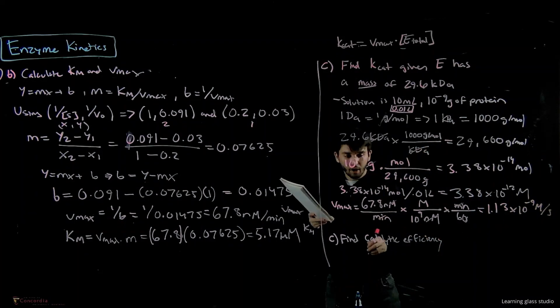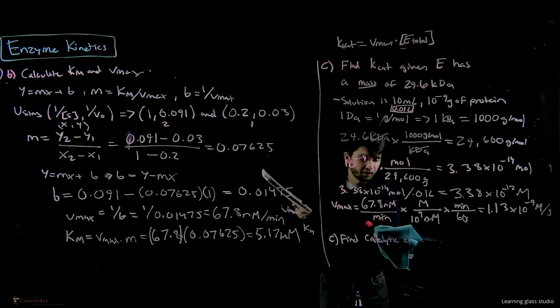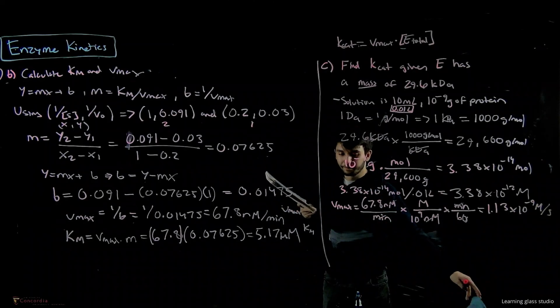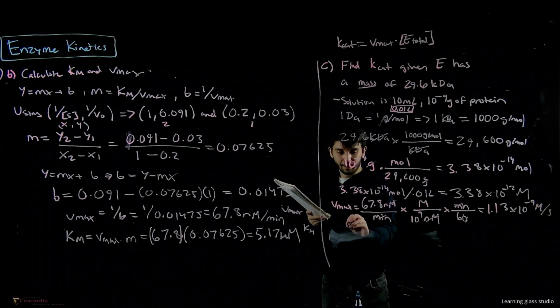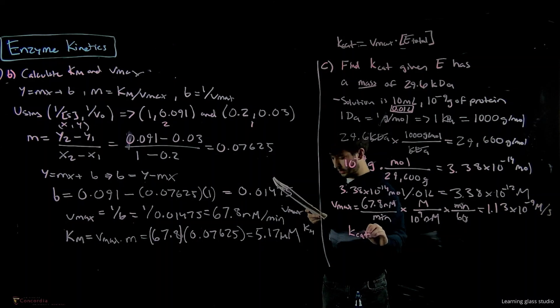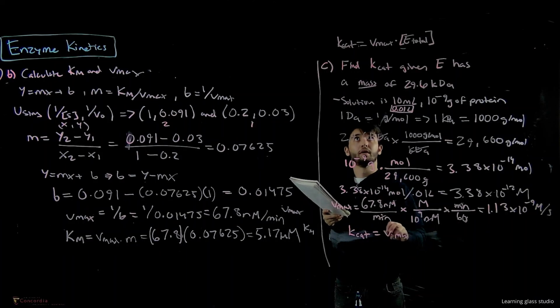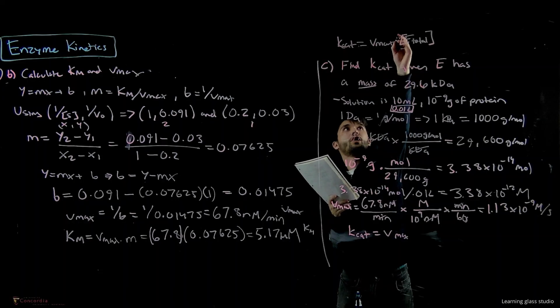It still shows. Okay, I'm going to just erase this and rewrite it. So kcat is equal to Vmax divided by E total. This is wrong up here.